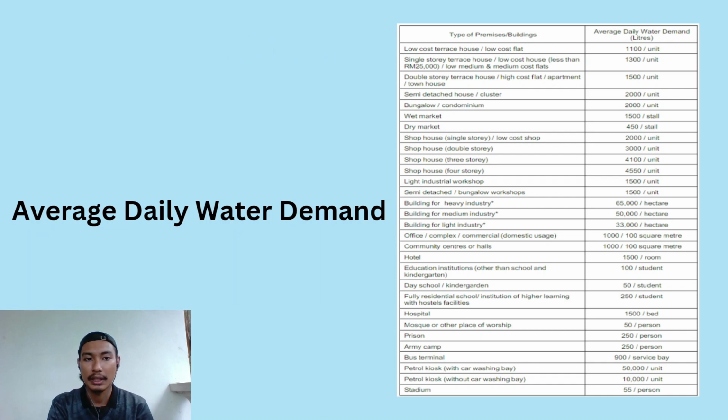Here is the table that we use to calculate the water demand. The terrace house, the single story terrace house, has an average daily water demand of 1,300 per unit. Then the semi-detached house is 2,000 per unit, and lastly the bungalow is 2,000 per unit.